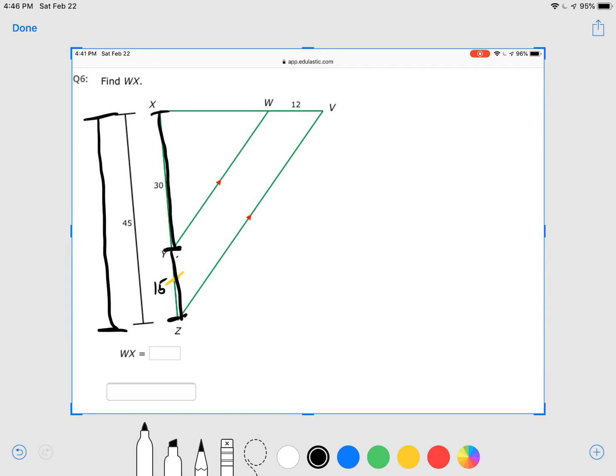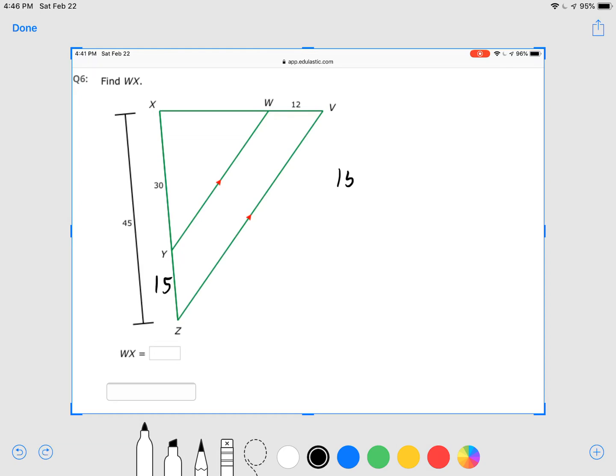You just do 45 minus 30. Okay. So what you can do is you can set up a proportion between just the partial sides.